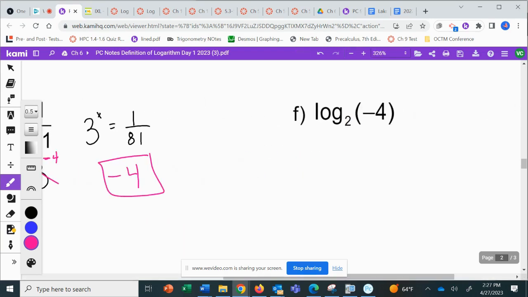Okay? F, we need log base 2 of 2 to the exponent. So we are not solving. So I'm not going to write no solution, but I am glad that you already realized, because I told you earlier, we can't have a negative here.